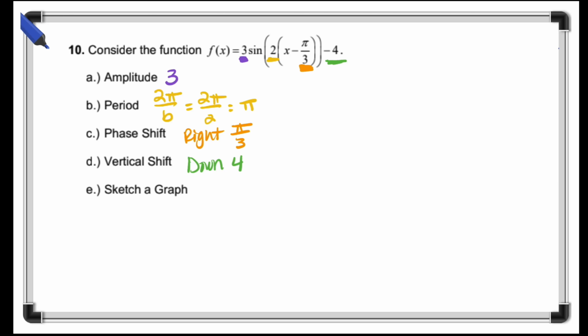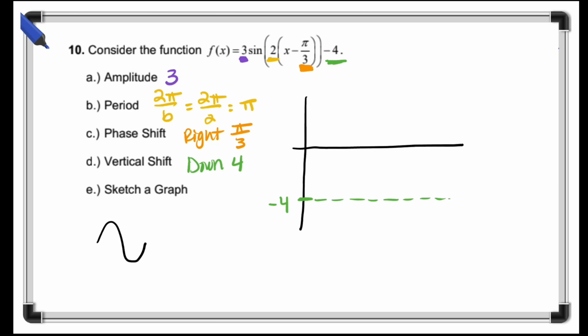Remember with sine graphs, we are starting at our midline and then either going up and down, or starting at the midline going down and up. Because this is positive sine, we're going to do that first option. So we're going to graph here. Your midline is down 4, so this is where your midline is.